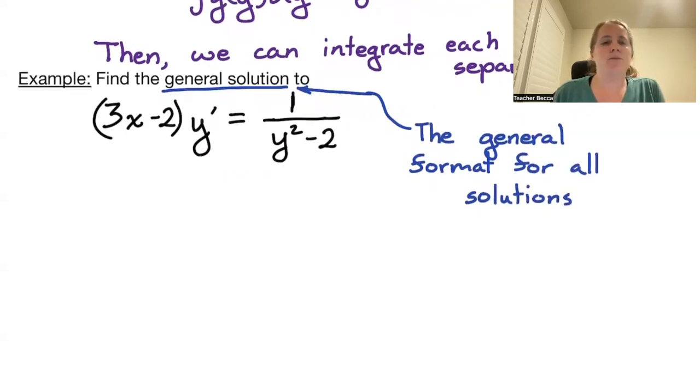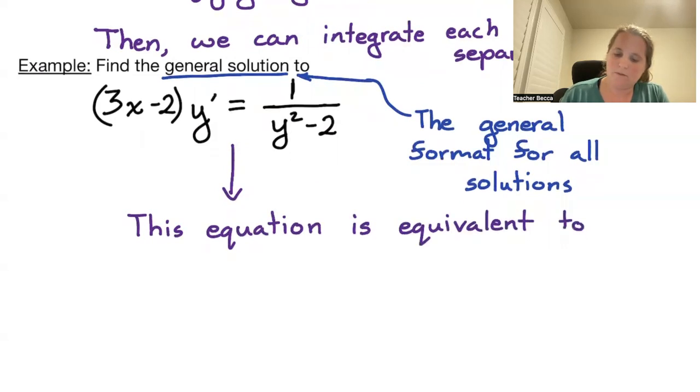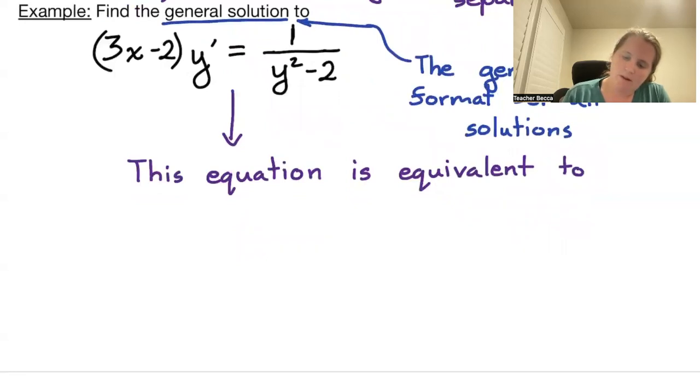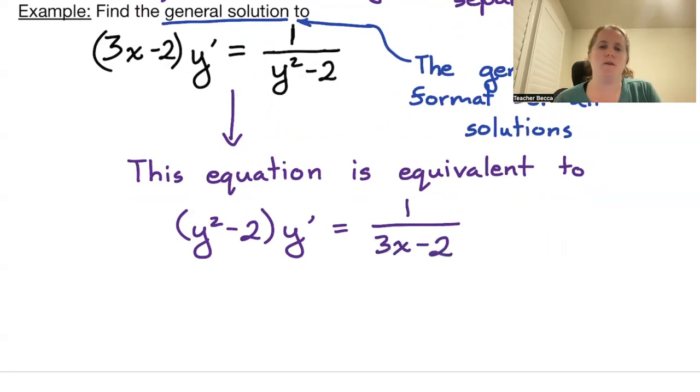So this equation is equivalent to y squared minus 2 times y prime is equal to 1 over 3x minus 2.